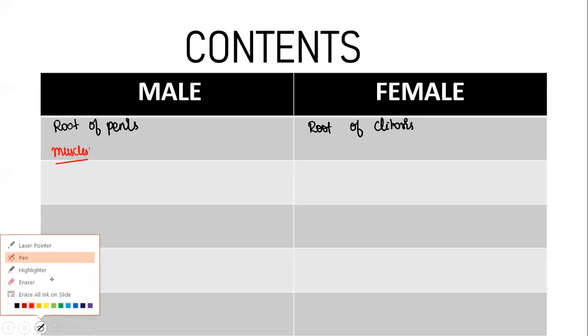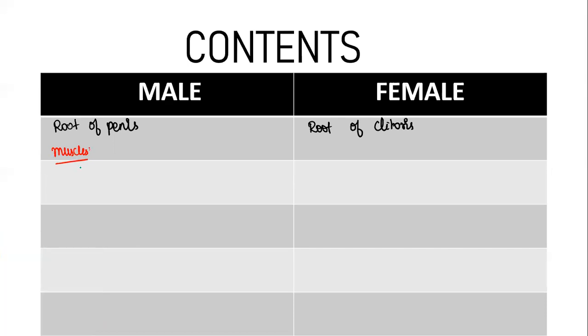I have got three muscles in the superficial perineal pouch. First, the superficial transverse perineal muscle, which I'll show you in the next picture. The muscles are superficially located and transversely arranged in the region of the perineum, hence the name superficial transverse perineal.